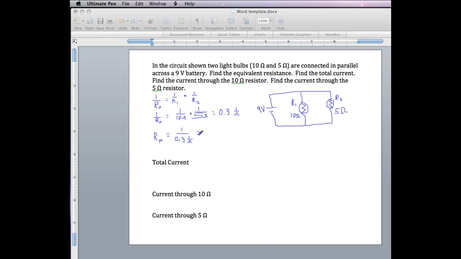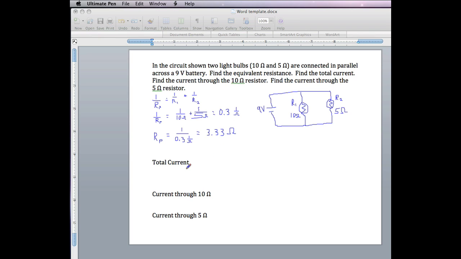So we divide 1 by 0.3 and get 3.33. And the units are 1 over 1 over ohms, which is ohms. So there's our first answer.